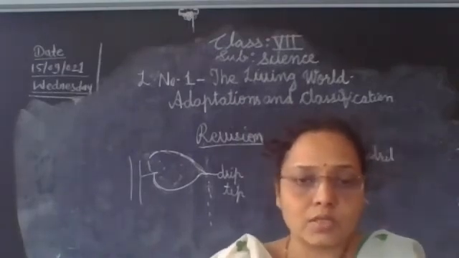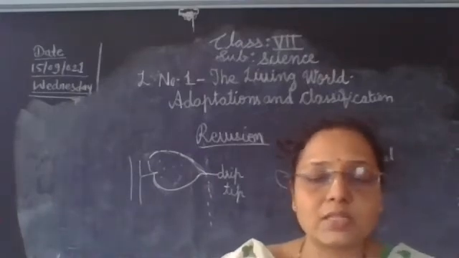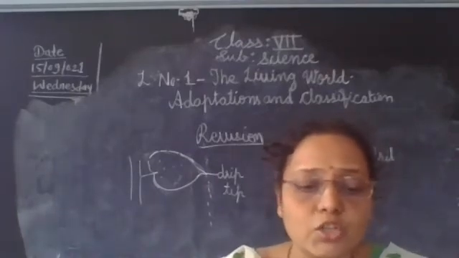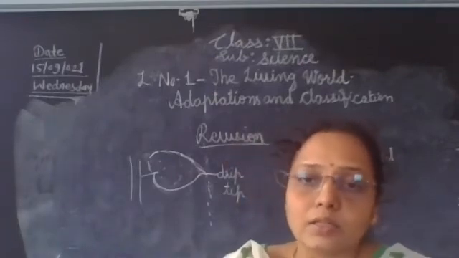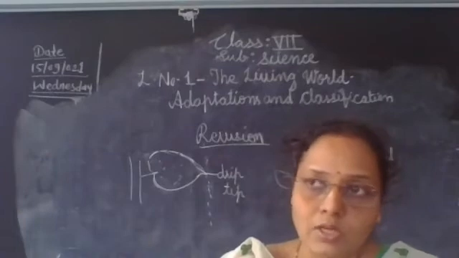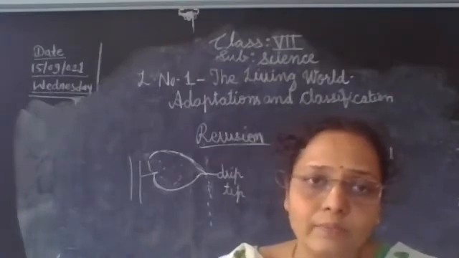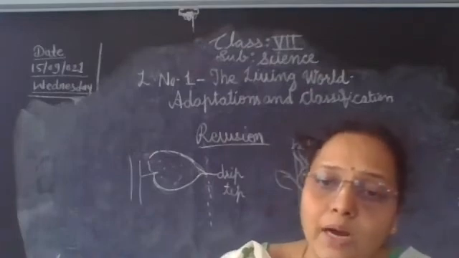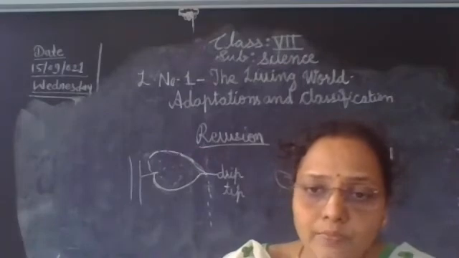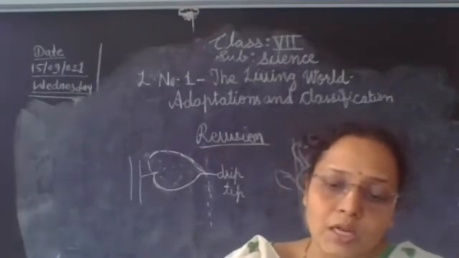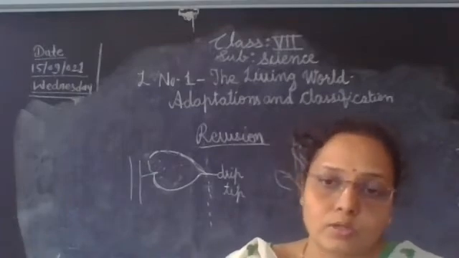So this is about the parasitic type of nutrition, adaptation for ingestion of food in plants. So haustoria is the adapted part which is present in the dodder or Cuscuta plant to absorb food and water.